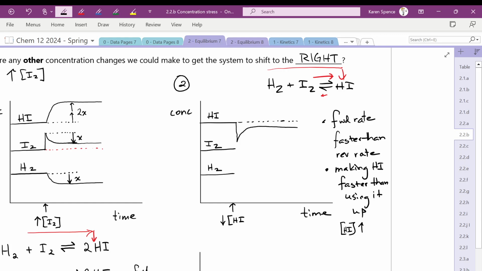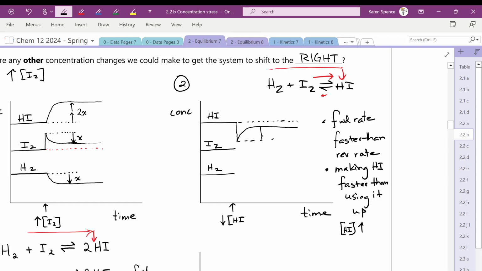What will happen to the concentration of I2 and H2? If we are making more product, we must be using up reactant. Yes? So if we're making HI, we must be using up H2 and using up I2. So those concentrations are going to go down. All right? By how much should they go down?